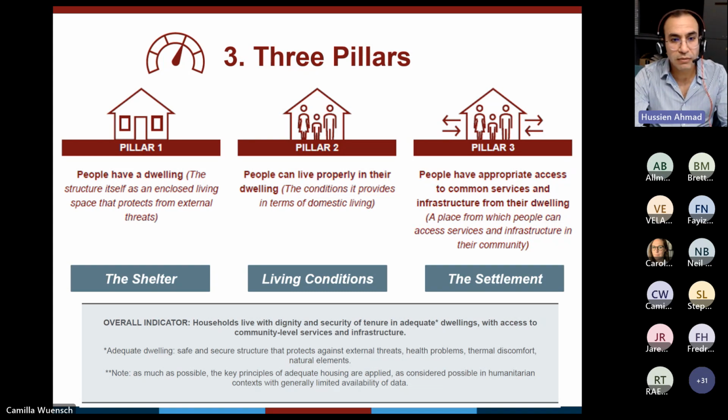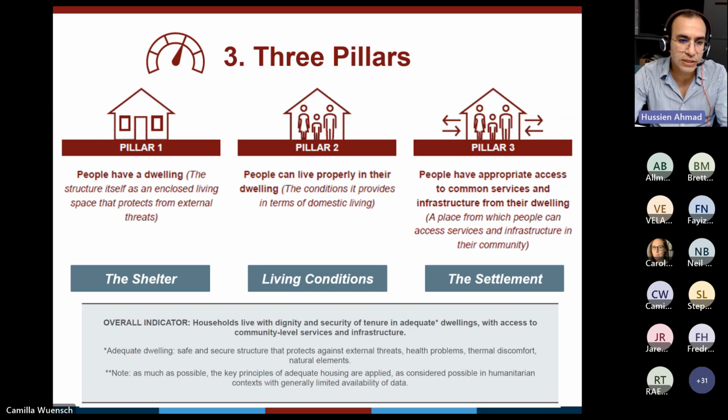Having these three dimensions gives us a 360-degree overview of the shelter situation that people are facing or living within. It's not having the shelter without having a settlement around. It's not having an NFI kit without being able to have access to other services.